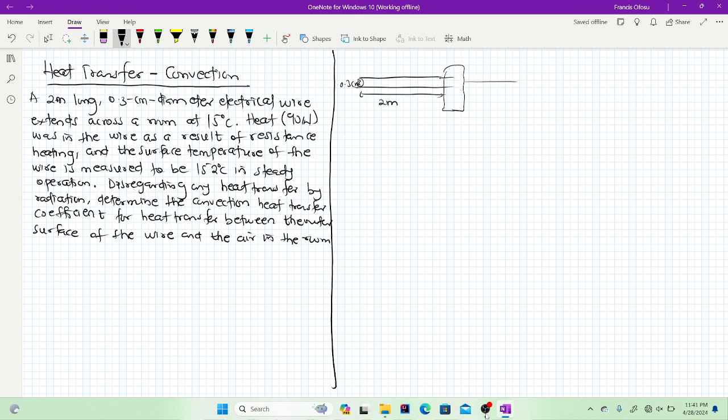The room has a temperature of 15 degrees Celsius, and 90 watts is generated in the wire as a result of resistance heating, and the surface temperature of the wire is measured to be 152 degrees Celsius. That means at each point, the temperature is 152 degrees Celsius.